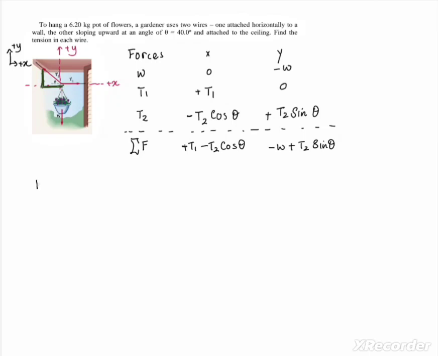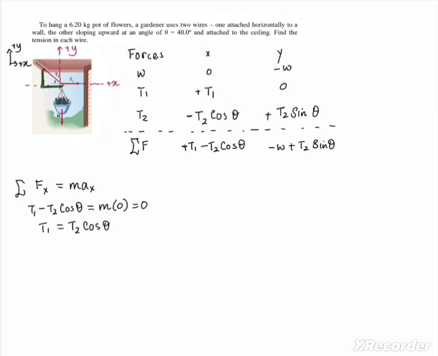So let's look at the x component of F equals ma, which is Newton's second law. So we have T1 minus T2 cosine theta equals m times ax, which is 0 because this entire system is stationary. So this is 0. That gives us T1 equals T2 cosine of theta.